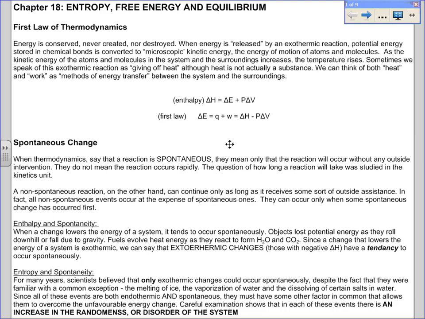If you think to the reaction that I showed you with ammonium nitrate and barium hydroxide, that's the one with the two solids, and we put them in a beaker, and that reaction occurred spontaneously despite it being quite endothermic. So there's another factor to consider when we look at the spontaneity of a reaction, and that is entropy.